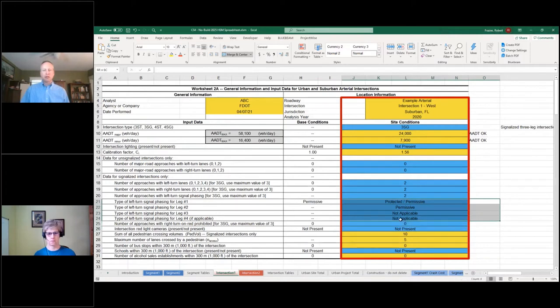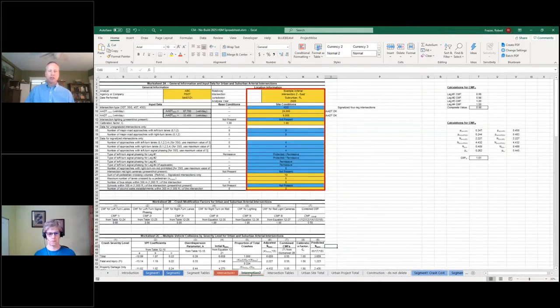Importantly, down here you'll see there's left turn phasing information. For signals, there are a number of specific items that are important to predicting crashes at signalized intersections, including turn phasing, the presence or absence of turn lanes, and the presence or absence of protected permitted phasing. And then intersection number 2, same thing, we've entered that information.